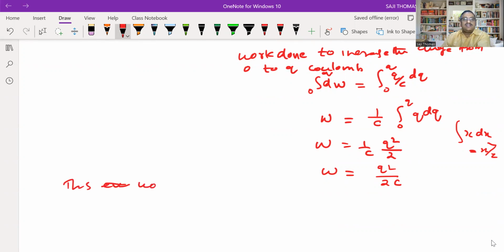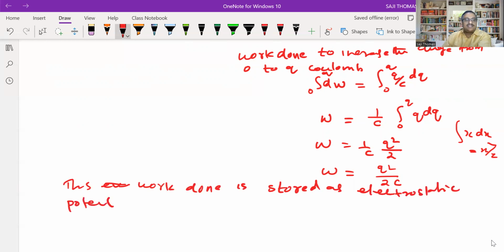This work done is stored as electrostatic potential energy. This work done, potential energy, we denote by the letter U. It is in an electric field, you write subscript E also.